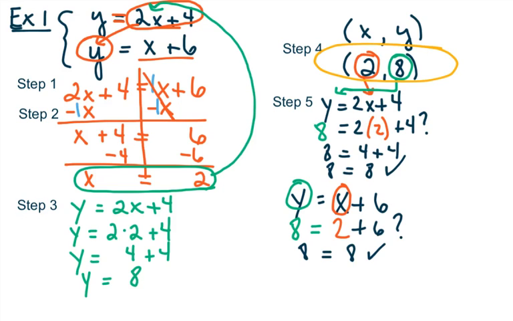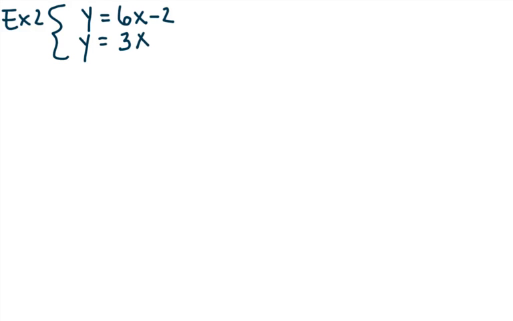Moving on to a second example. We have the system y equals 6x minus 2 and y equals 3x plus 7.